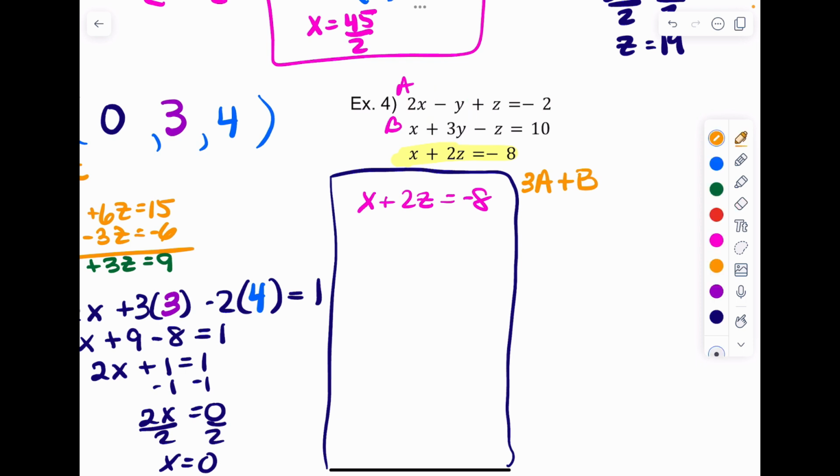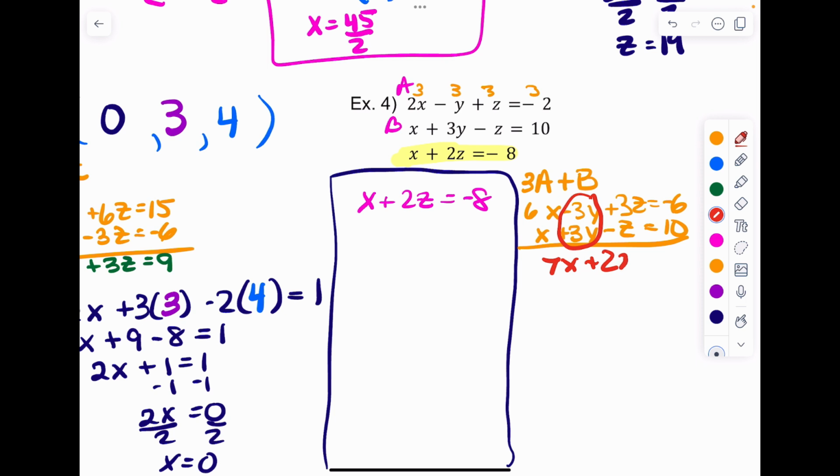So 3 times a is going to be just multiplying all of these by 3. So we're going to get 6x minus 3y plus 3z equals negative 6. And then we still have our b, which is x plus 3y minus z equals 10. So this will go away, and we'll be left with 7x plus 2z equals 4. And so we'll now put this over here, 7x plus 2z equals 4.